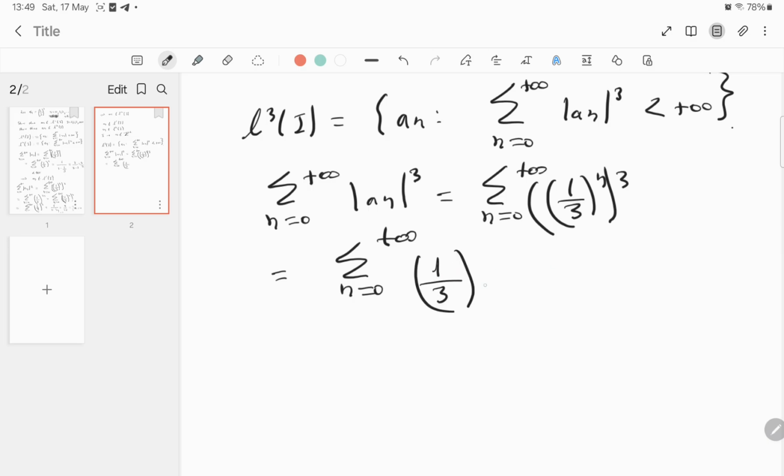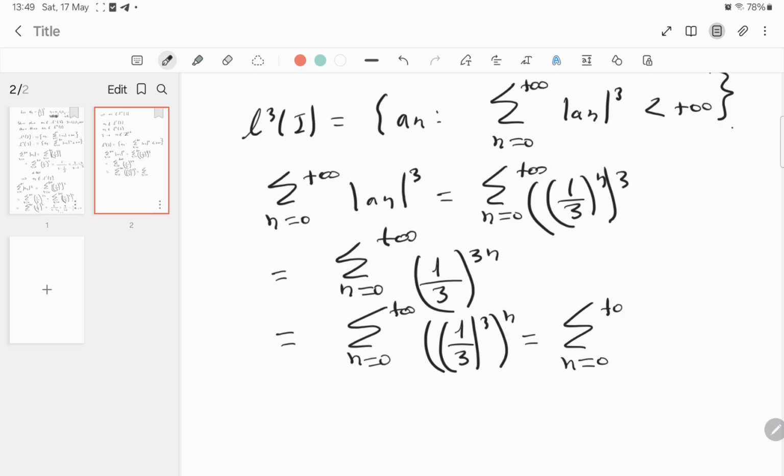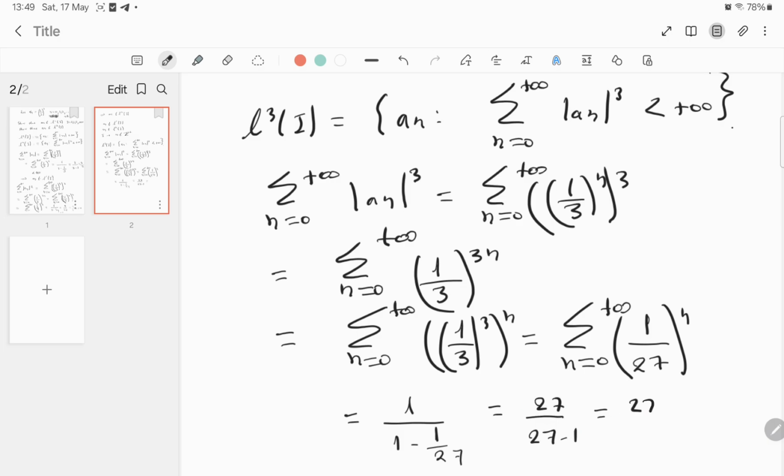From the laws of indices, that's a third to the power of 3n. And that is a third to the power of 3, and the whole thing to the power of n. That's 1 over 3 to the power of 3, which is 27. And this will give me 1 over 1 minus 1 over 27, which is 27 over 26, and it's clearly less than infinity.